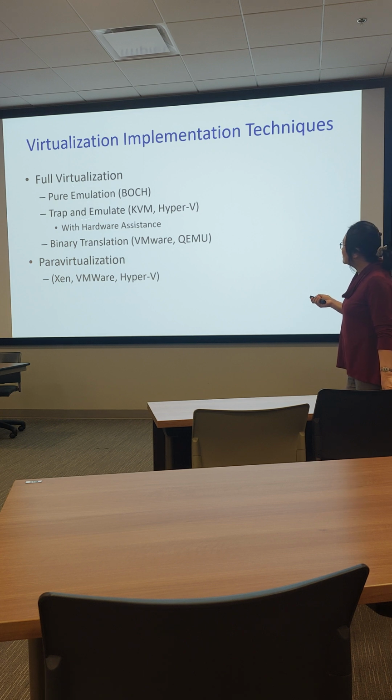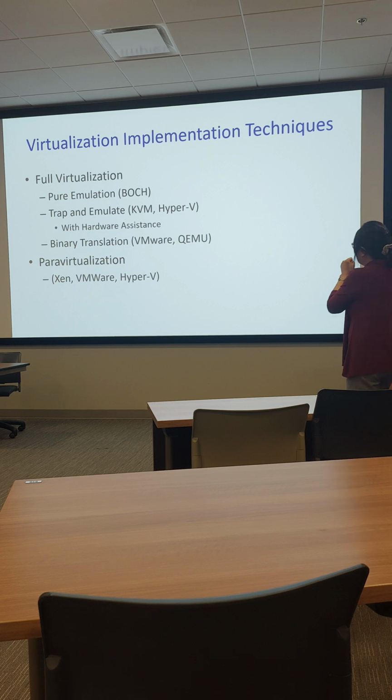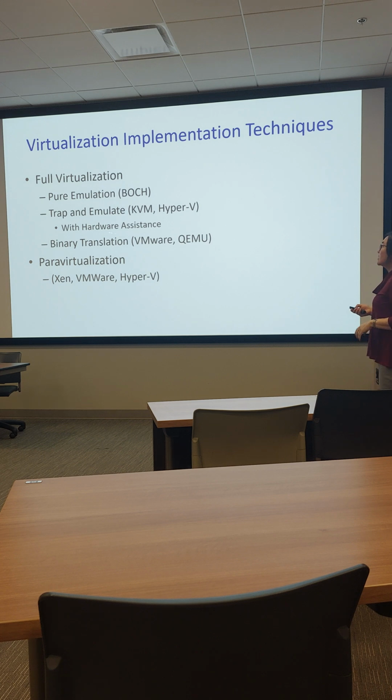There's a problem. Trap-and-emulate is the next one, and it does require hardware assistance. Binary translation is something similar to this without requiring hardware assistance.